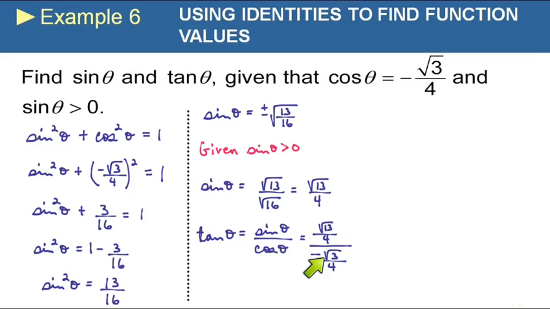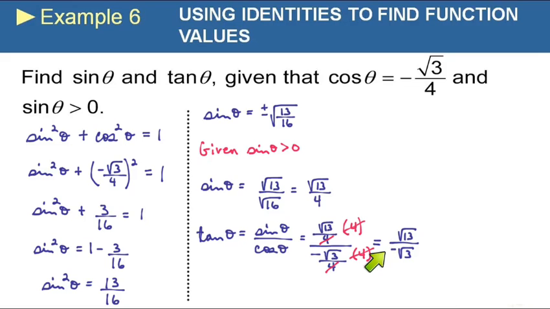Now they're pretty ugly right now because it's a fraction made out of fractions, but if I multiply the top and the bottom by 4, which I'm allowed to do because I'm doing the same thing to the top and to the bottom, those 4's will simplify away. I hope you learned in algebra how to simplify complex fractions. And that leaves us with square root of 13 over negative square root of 3.